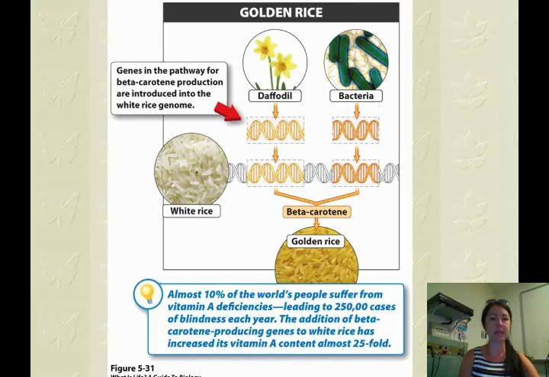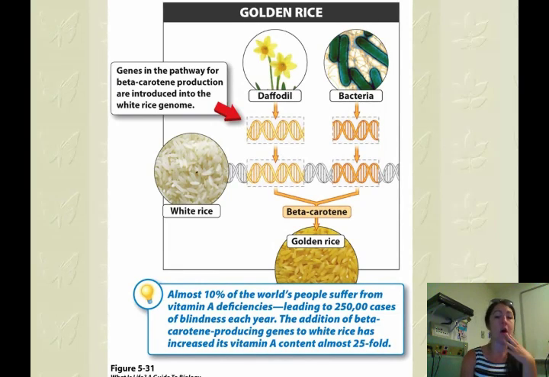Here's that golden rice that I was talking about before. White rice is just that natural bleached state of rice. It really doesn't have a whole lot of nutrients. It's really not all that good for you. But if we take the genes from the daffodil that make it yellow and introduce them into the golden rice and make the rice produce beta carotene, that can help to keep people from going blind.